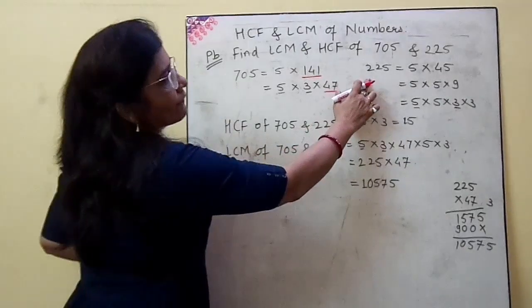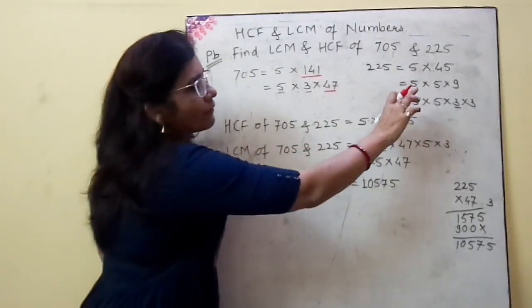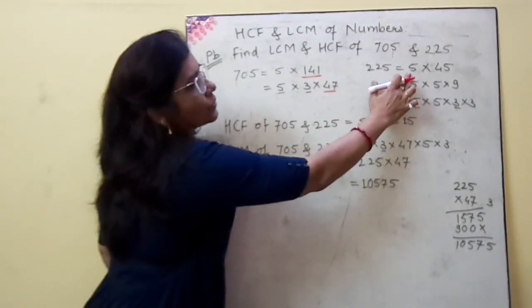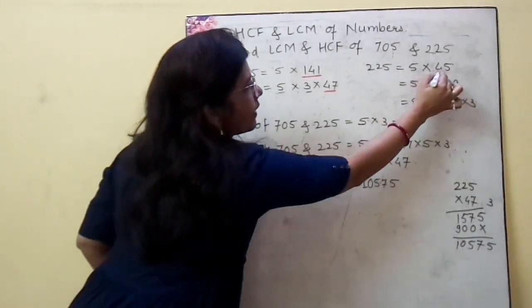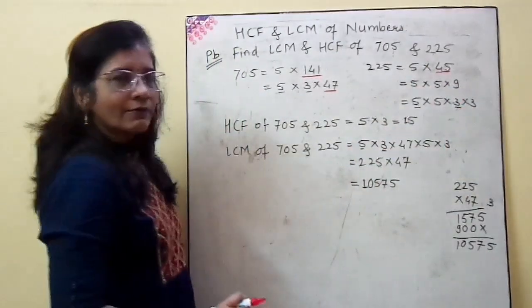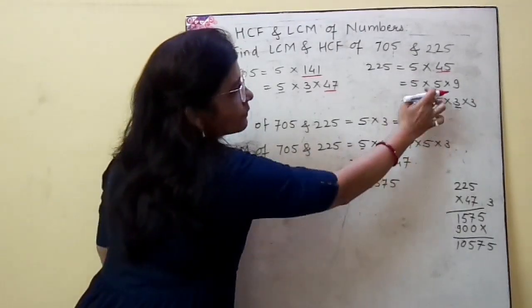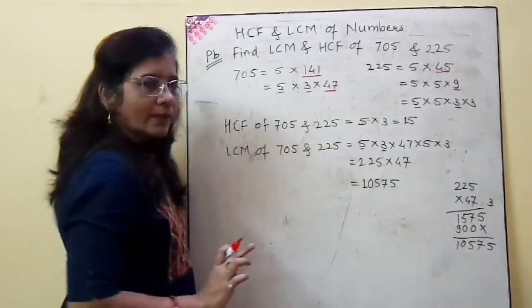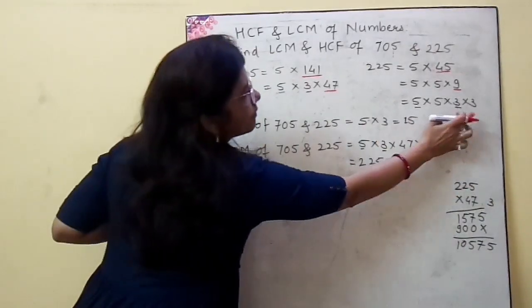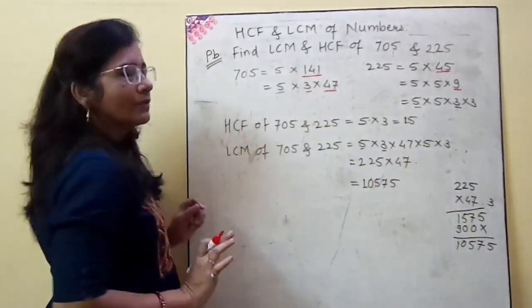Now we will find the prime factors of 225. That is 5 into 45. Now the factors of 45 are 5 into 9. So we write this 5 as it is, and the factors of 9 are 3 into 3. These are all prime factors, so we stop.